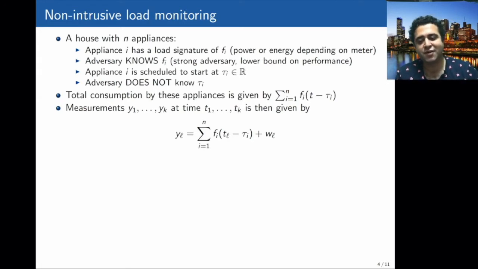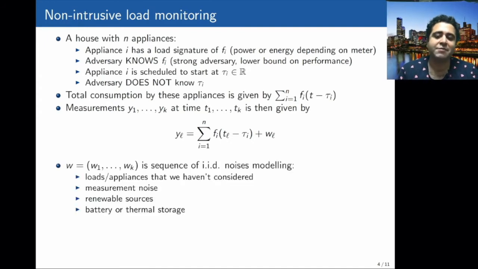Now these W's capture a sequence of independently and identically distributed noises. This noise can model a lot of different things, like loads and appliances that we haven't considered in this setup, because a lot of those appliances might not have a unique consumption pattern, so we will not be able to think about them in this specific way. We might have measurement noise, which might not be significant if we are dealing with smart meters. We have renewable sources.